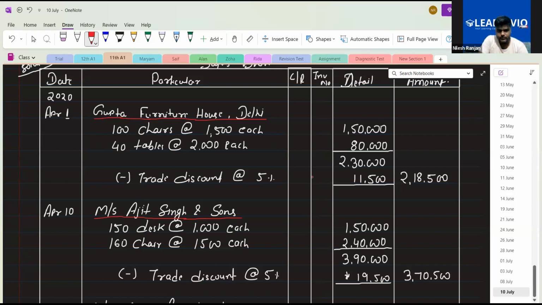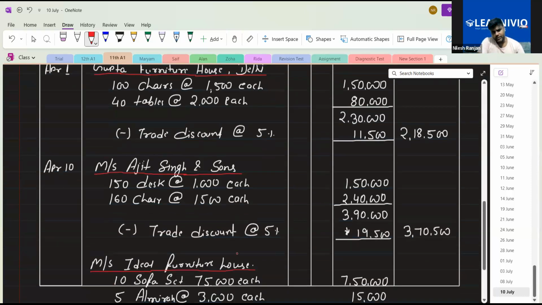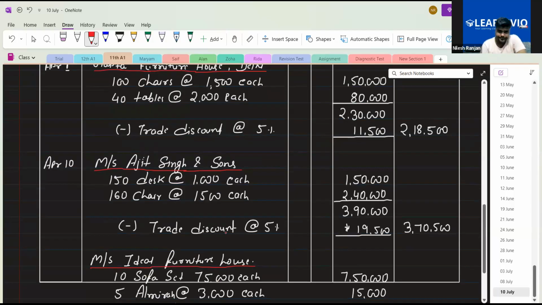Any confusion in any other discount like this one? 150 desk at the rate 1,000 each, 160 chair at the rate 1,500 each, 2,40,000. So total amount of sale is 3,90,000. Is that part clear?